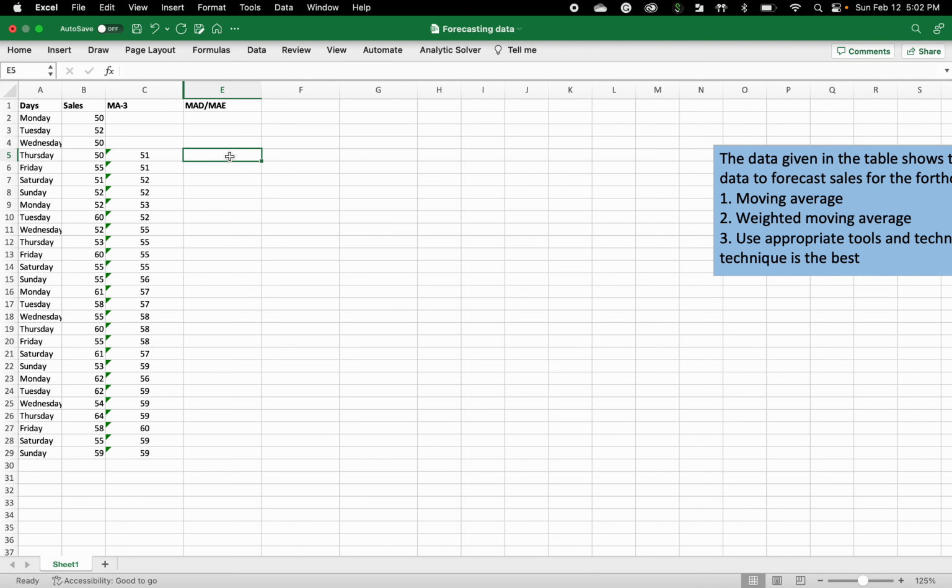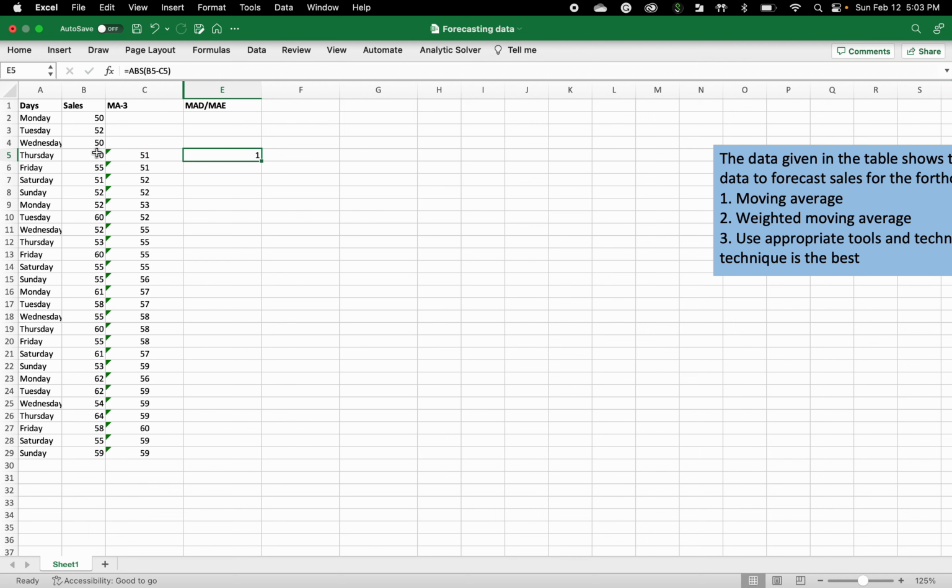Okay, now the approach for this mean absolute deviation or mean absolute error is that first of all you take absolute value, and absolute value means that the difference that I'm going to take next, which means the difference of 50 and 51, and we know that must be a negative number. 50 minus 51 is equal to -1, but when we take absolute value, it takes away that negative.